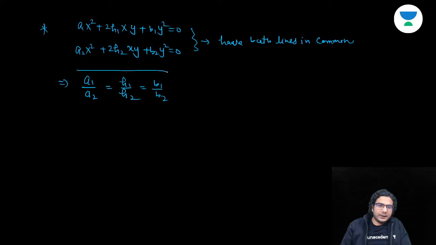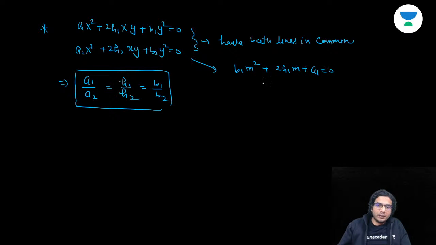How did we get this condition? Because both lines are common, that means these two equations of slopes, b1 m square plus 2h1 m plus a1 is equal to 0, and b2 m square plus 2h2 m plus a2 is equal to 0, will have both slopes common.